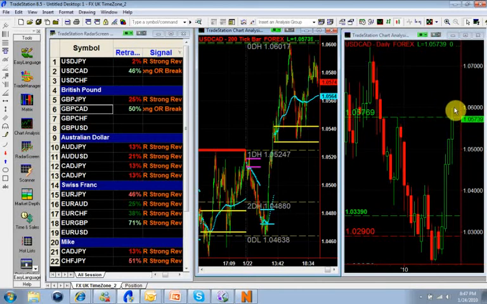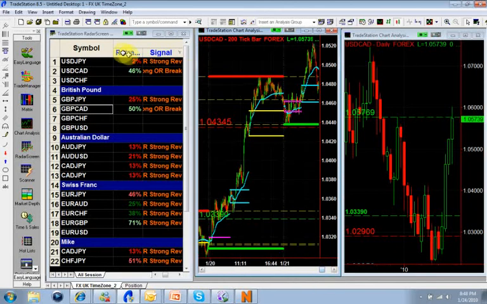If it were strong, it should have given me a similar move. So if you want to trade it, then you trade it based on its characteristics or its merits, and in this case, you have to use a rather wide stop as far as the pound CAD goes.